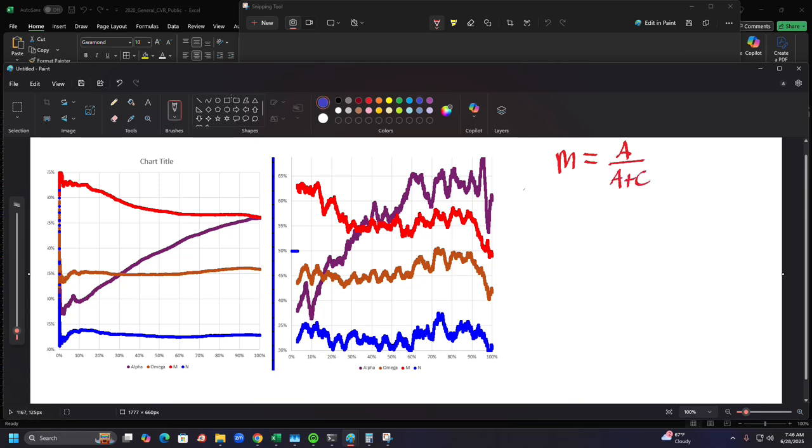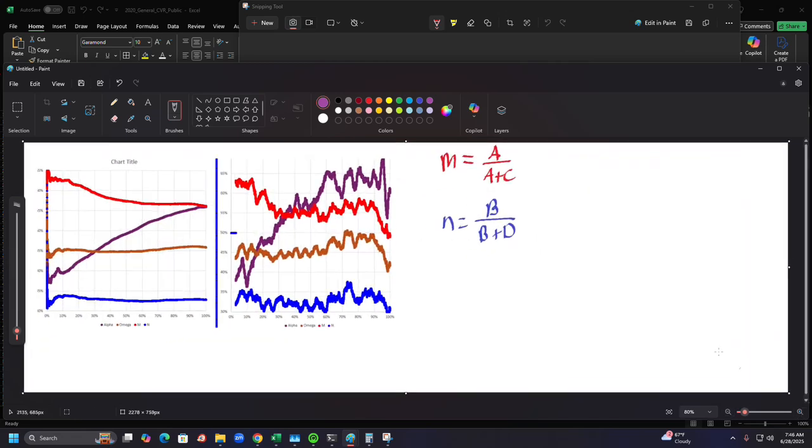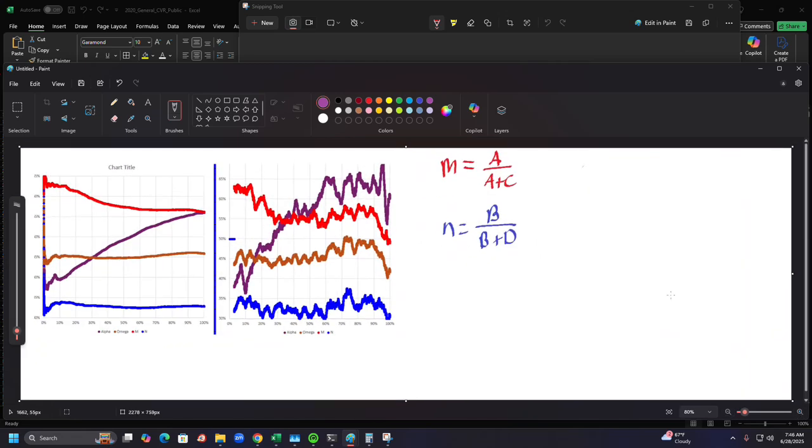N is the Democrat no share, BidenNo over BidenNo plus BidenYes. So that's B and D. Alpha, in its percentage form, is TrumpNo plus TrumpYes over all four. And then the total opposed percentage is omega: A plus B, that's TrumpNo plus BidenNo over all four.